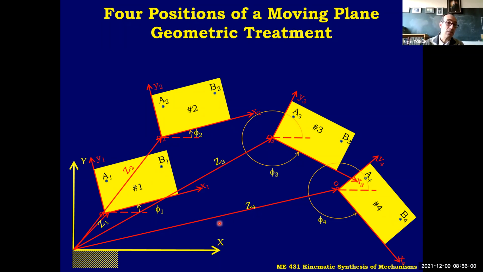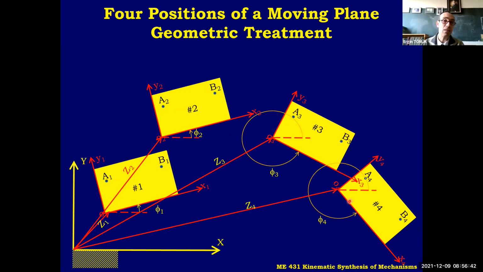Or in analytic treatment, well, if you like, you can use ABs as well, but our formulation would be based on a position vector relative to a convenient fixed reference frame plus an orientation. So once you know coordinates of A's and B's in 4 positions, you can obtain those, or from Z's and Phi's, you can obtain, if you select an A1, its A2, A3, A4. So they are dependent, okay?